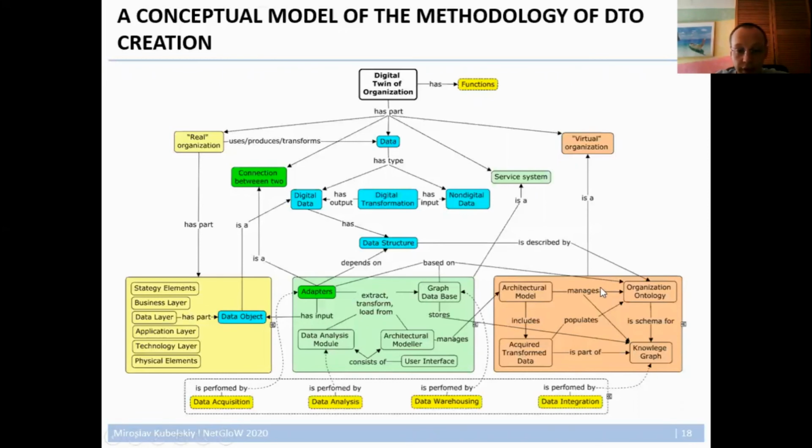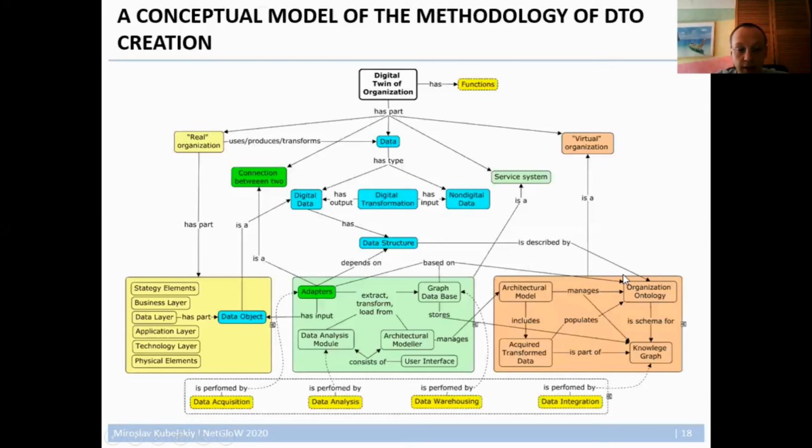A virtual organization includes an enterprise architectural model based on the ArchiMate modeling language, in which prepared and transformed data are integrated. Changing this model, for instance, creating, deleting, or changing the configuration of objects, attributes, and relationships, allows managing the organizational ontology.